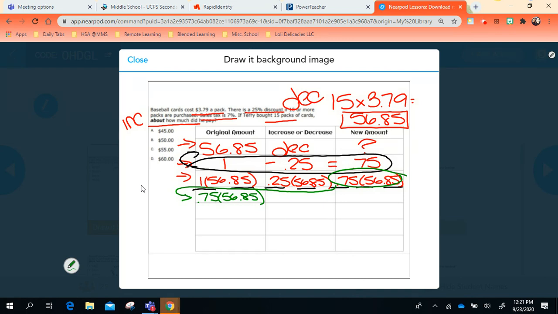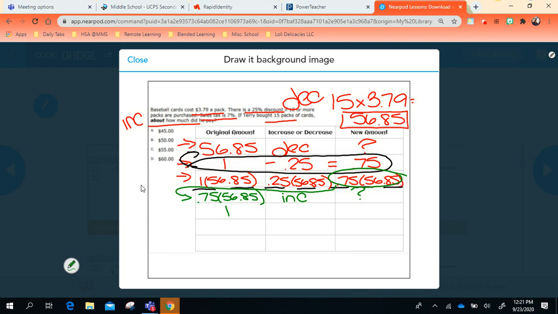Okay, so for our second step, increase or decrease? Increase. And do we know our final amount? No. Okay, so again, we're starting over. What is our original decimal? 1.